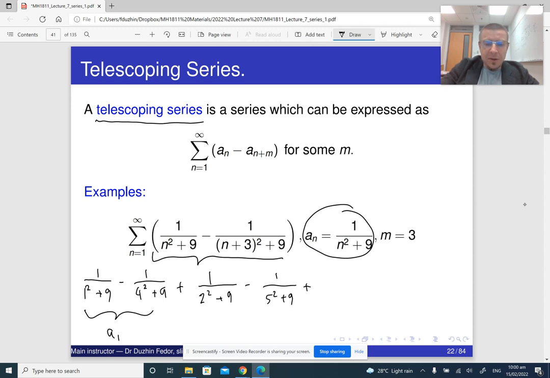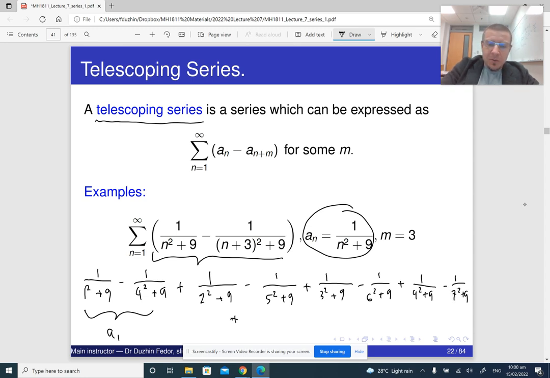Okay, so there is nothing interesting yet. Let me just go on for a few more terms: plus 1 over 3 squared plus 9 minus 1 over 6 squared plus 9, plus the next term, 1 over 4 squared plus 9 minus 1 over 7 squared plus 9.